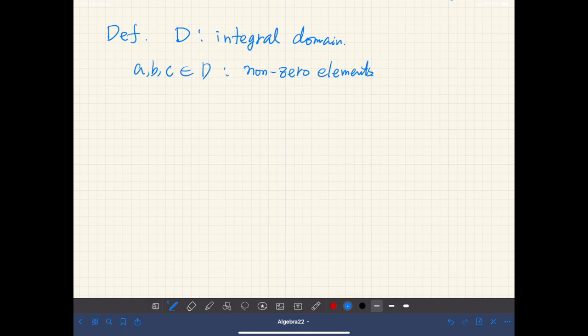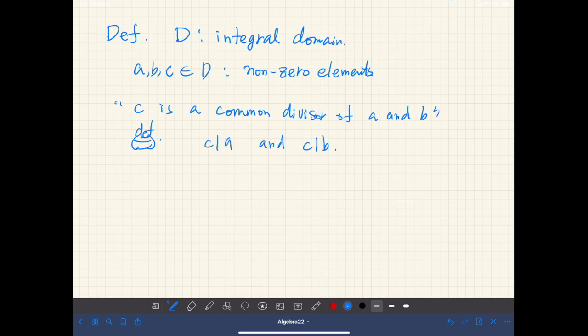We say c is a common divisor of a and b. This means c divides a and c divides b.